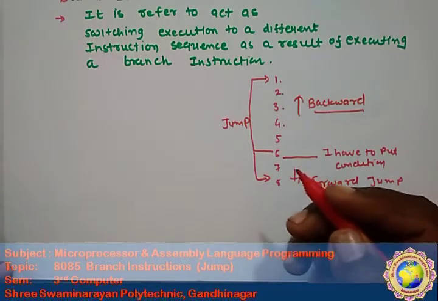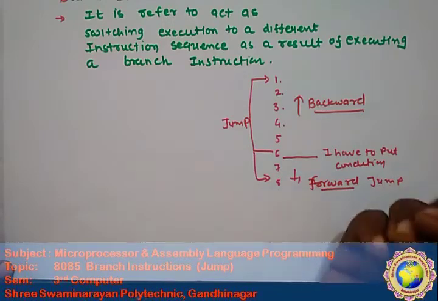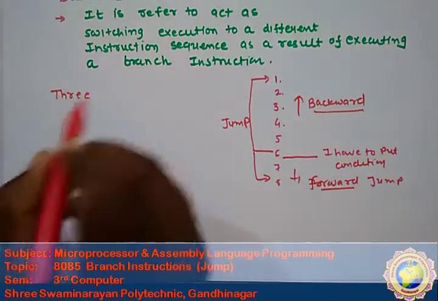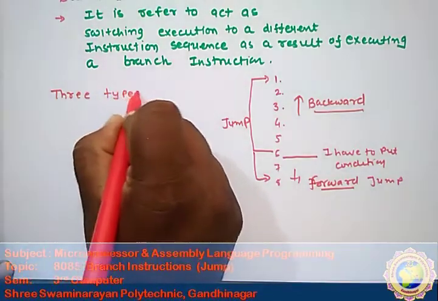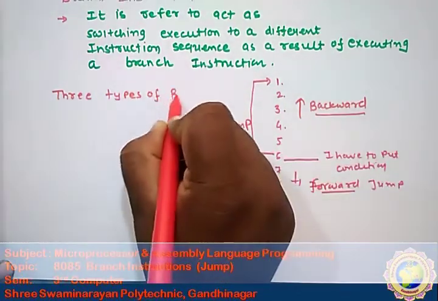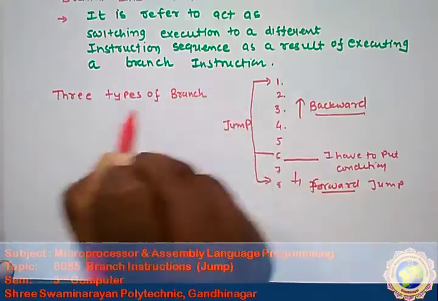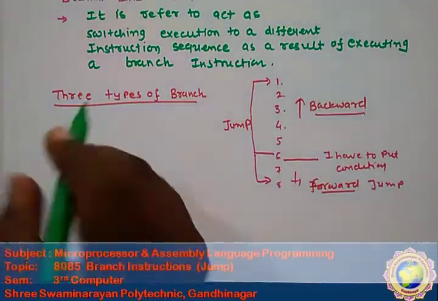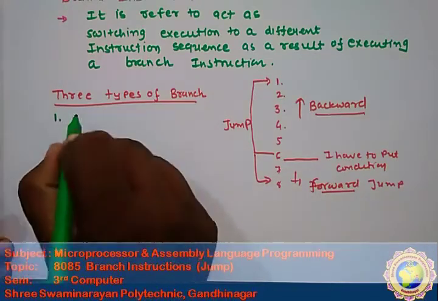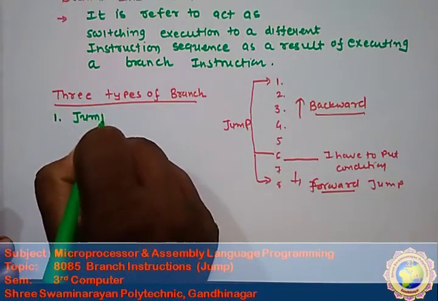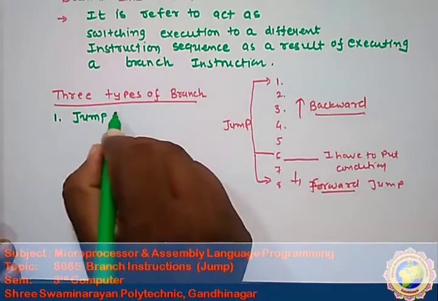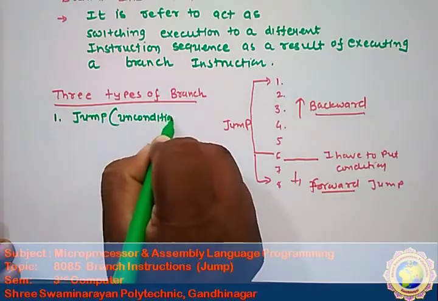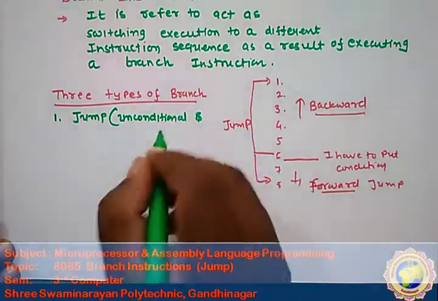Now there are three types of branch instructions. The first is the jump, which has two types: unconditional and conditional.